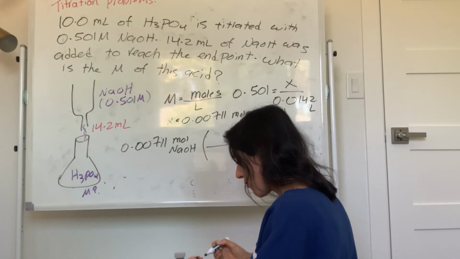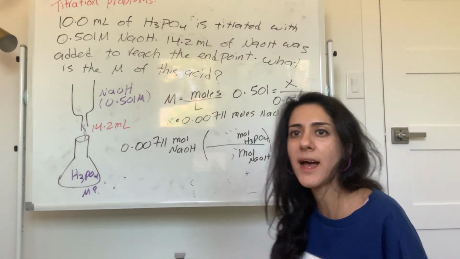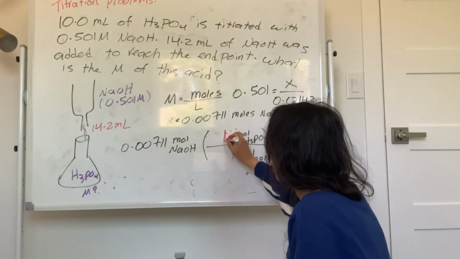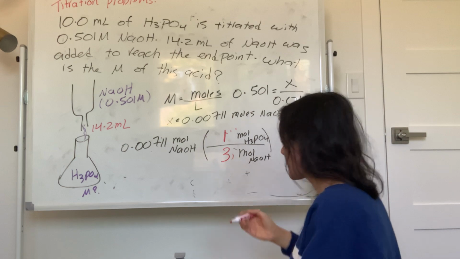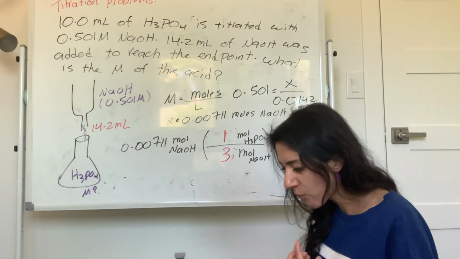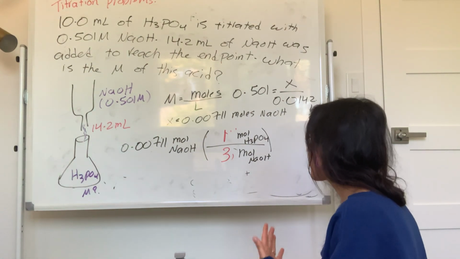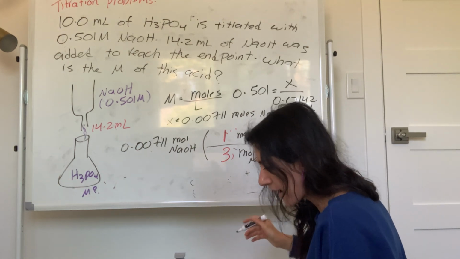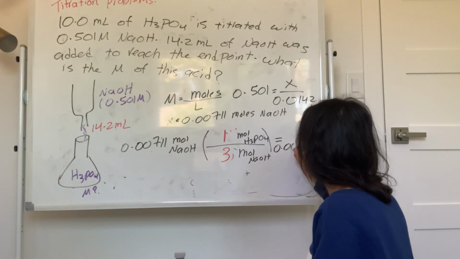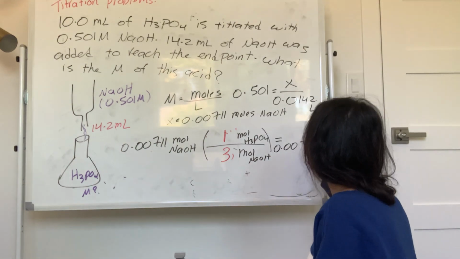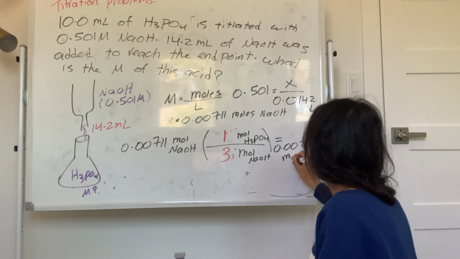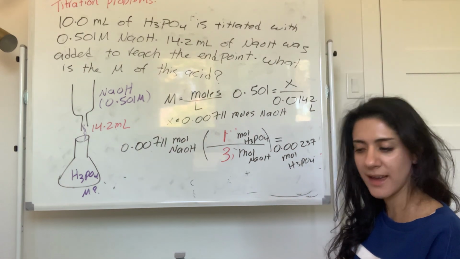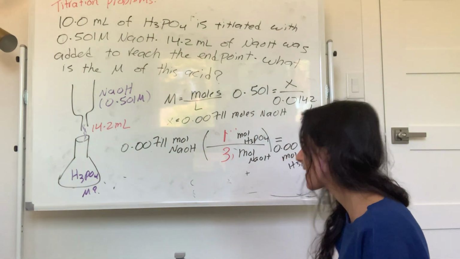And we said that for one phosphoric acid, because it has 3 hydrogen, I need 3 NaOH. When I do that, what I end up getting is 0.00237 moles of phosphoric acid, because it was not a monoprotic acid.